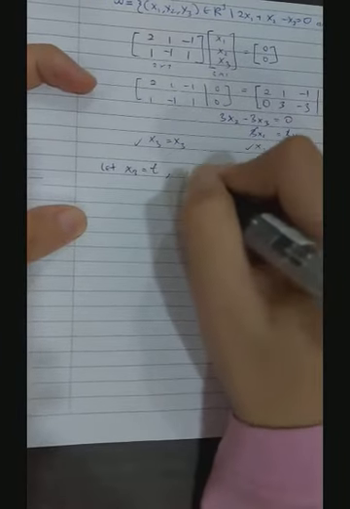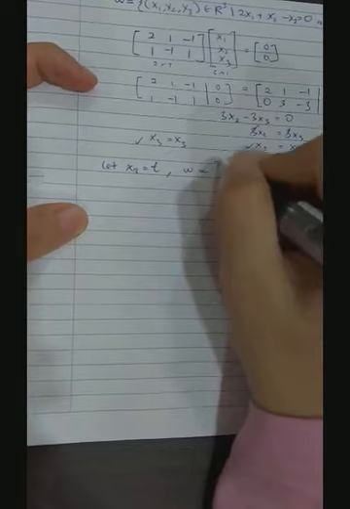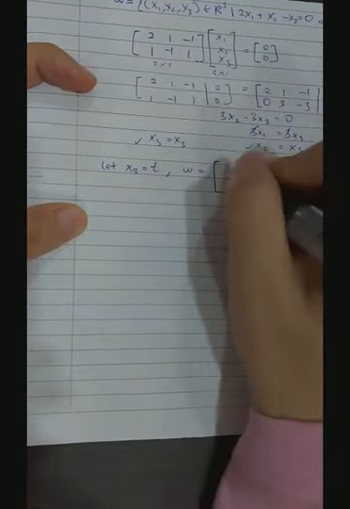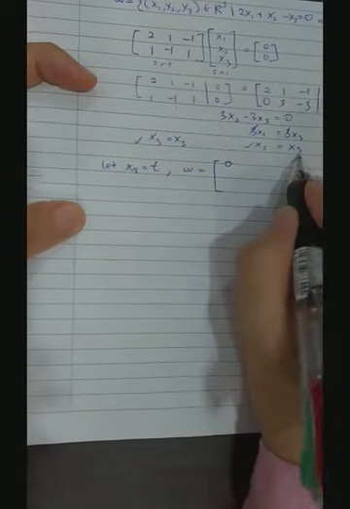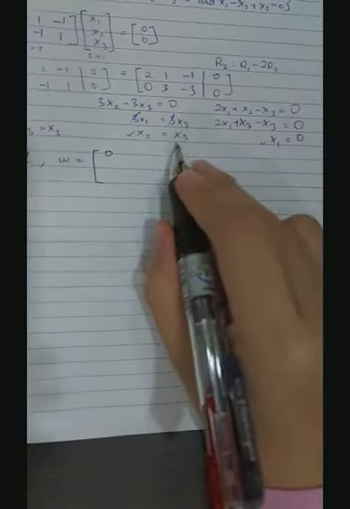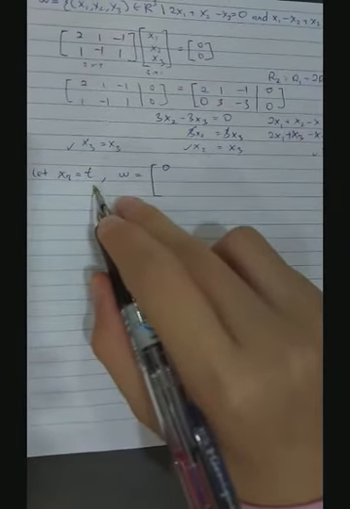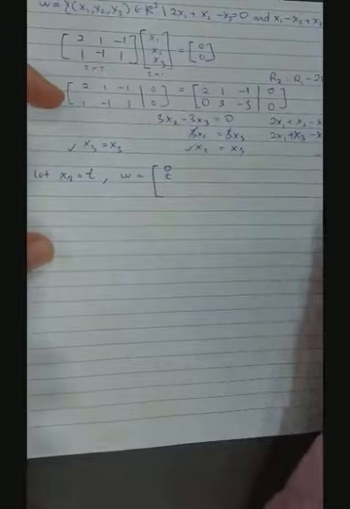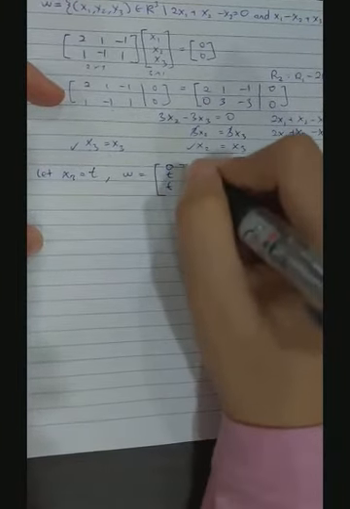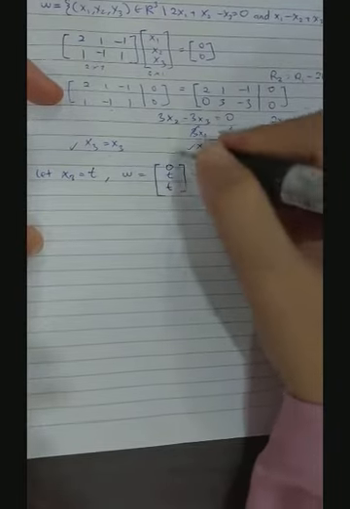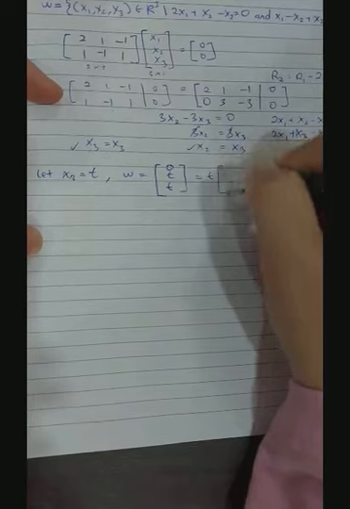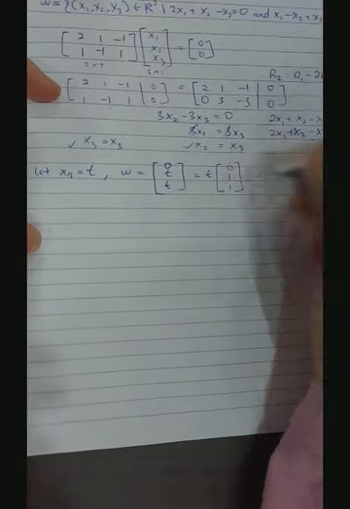So our W is equal to x1 is 0, x2 is x3, we let it equal t, so we put t here, x3 is x3, x3 is t, so t here. We factor this vector, so we have t times 0 1 1.